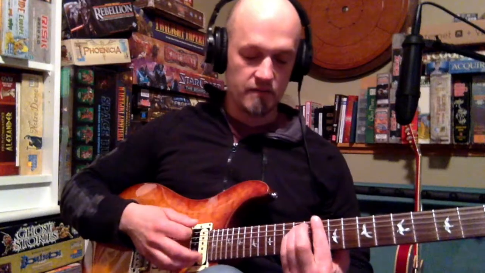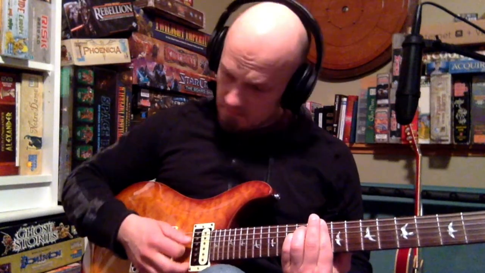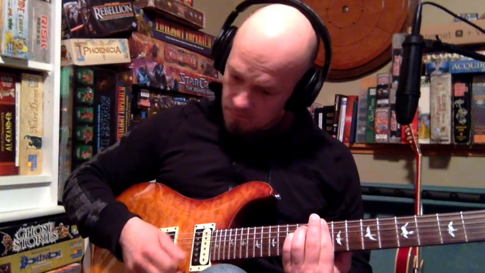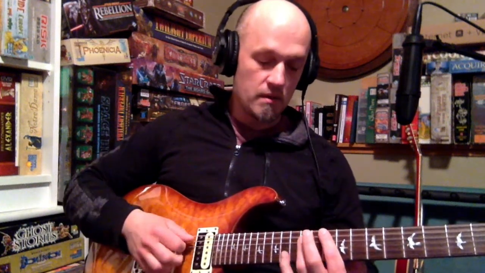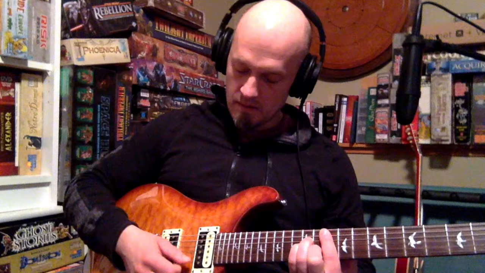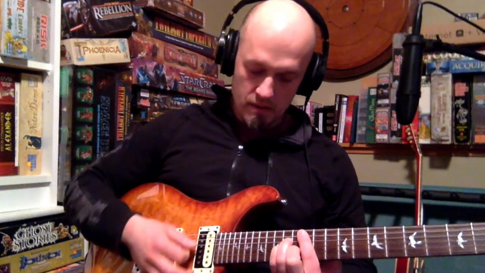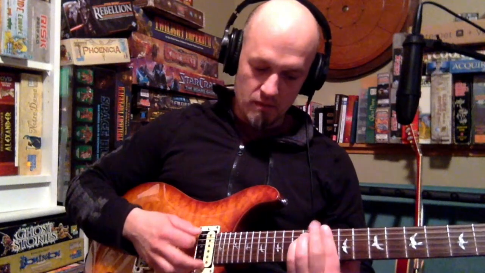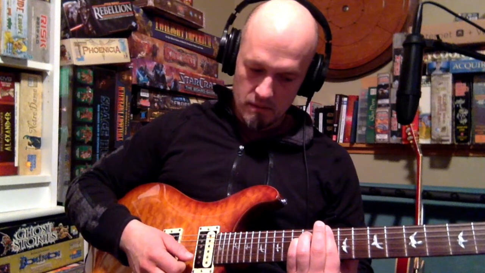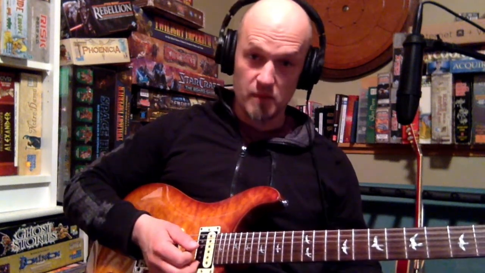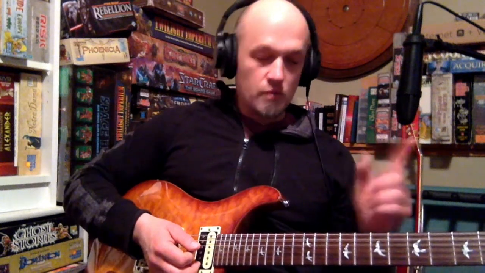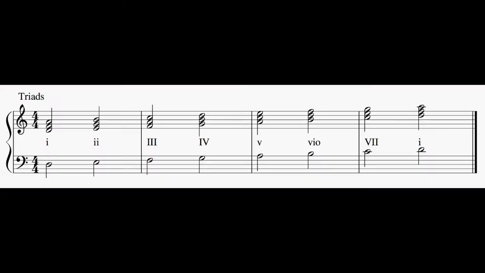So we used to have a minor 1 chord, minor 4 chord, minor 5 chord. That's natural minor, okay? With Dorian, you're going to have a major 4 chord.